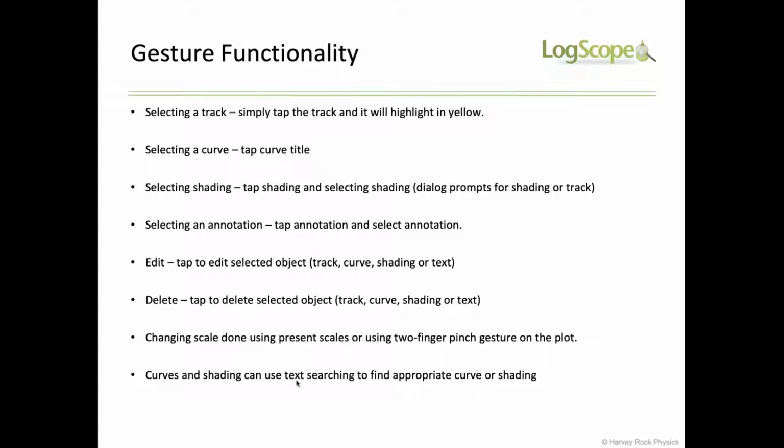We've then got edit. You tap to edit a selected object, and then an edit button will contextually appear and you can edit that. To delete, tap to delete selected object, and then changing scale is done by using a 2-finger pinch and squeeze, or by using the preset scales that are at the top of LogScope.